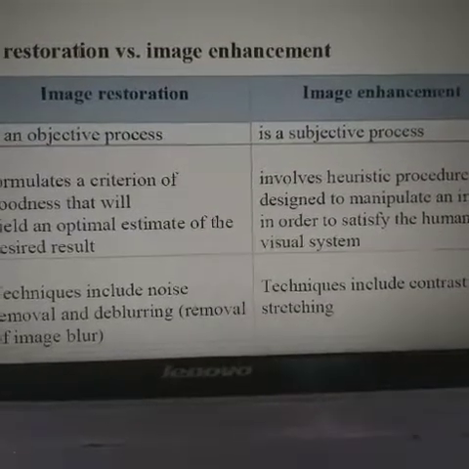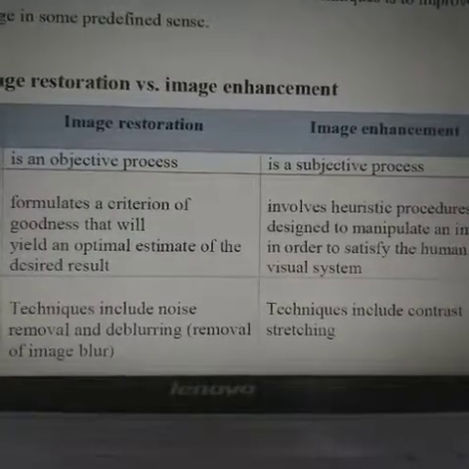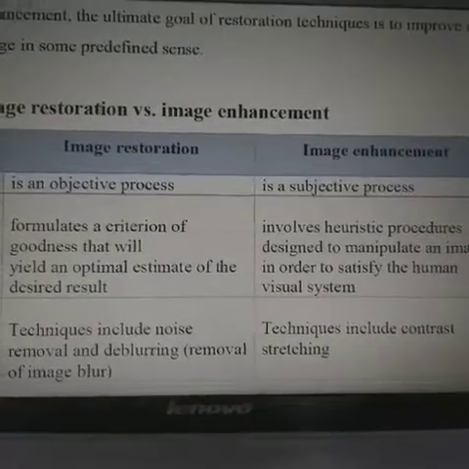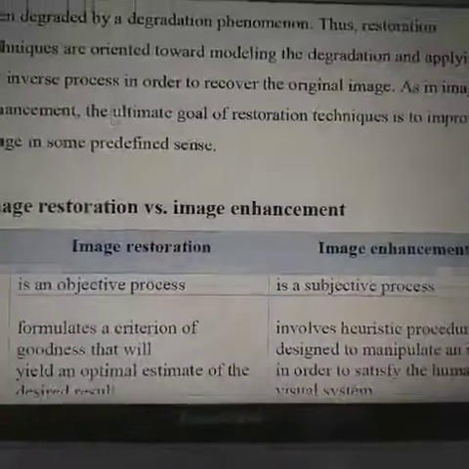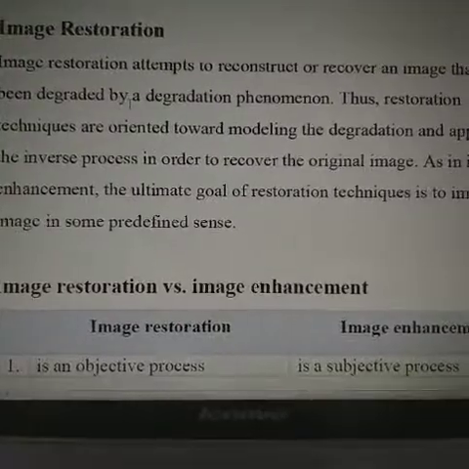So these are some of the differences between image restoration and image enhancement, and now we will further discuss the image restoration model.